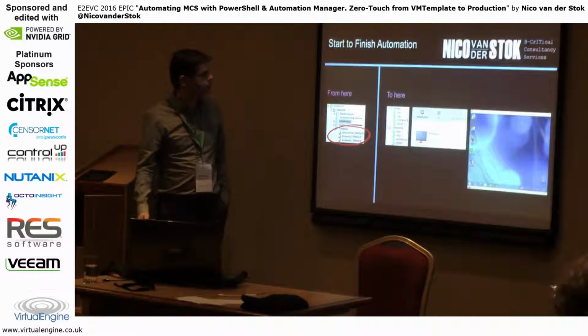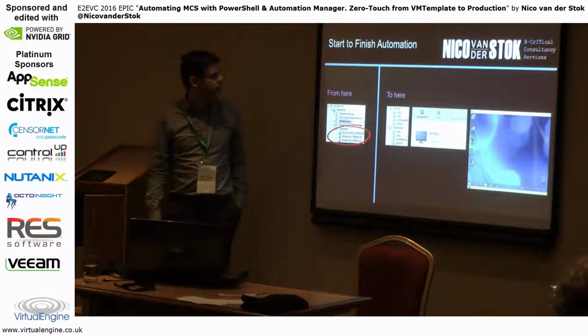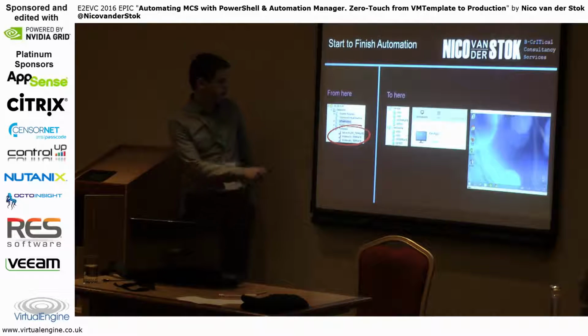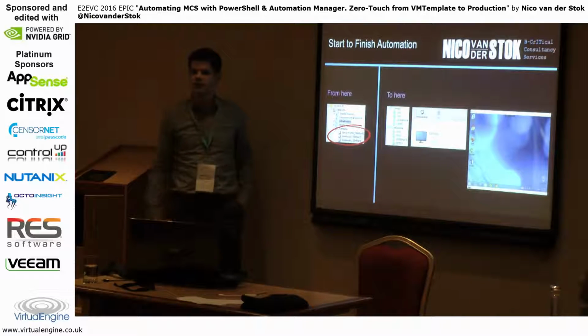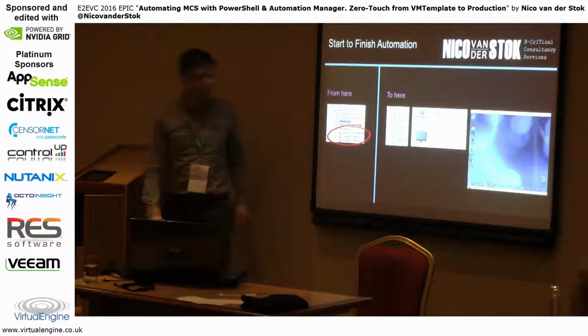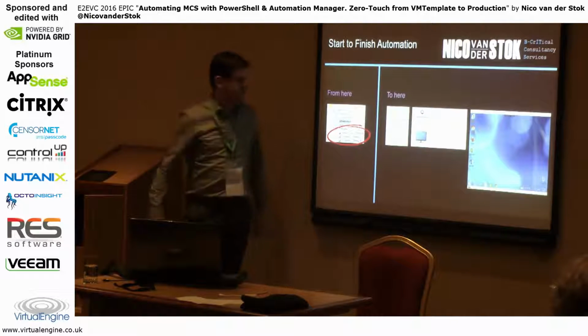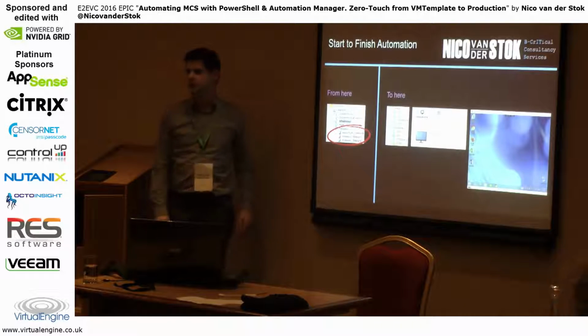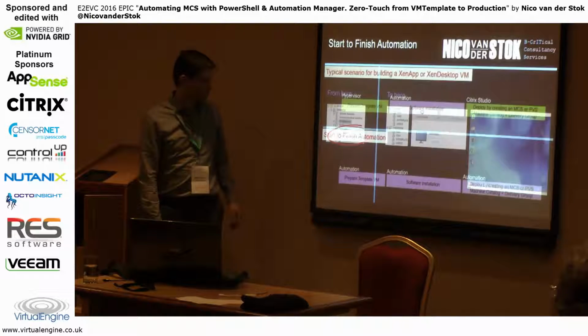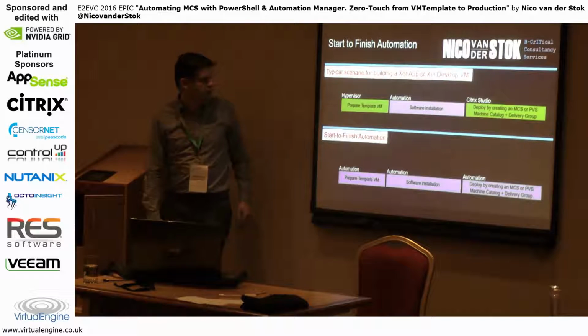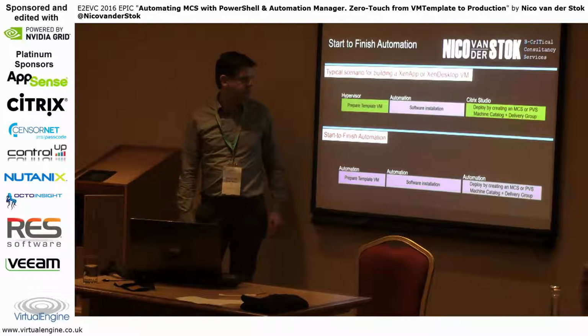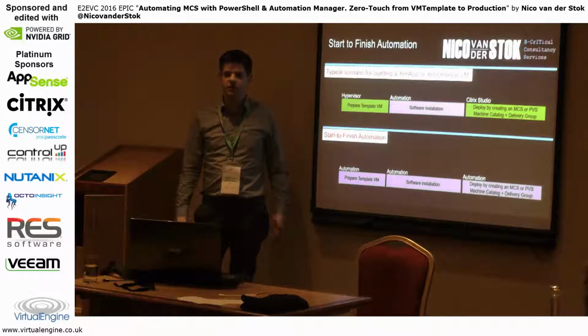Start to finish automation means we start at having almost nothing, just the operating system, and we end up with a desktop where you can log on with just one click. Most of the time when I see automation, it is used to install software in an image.